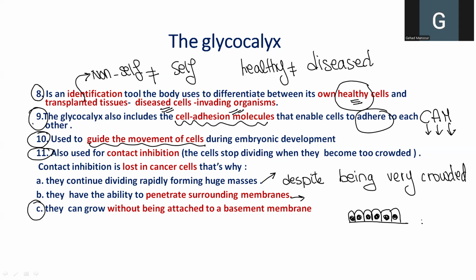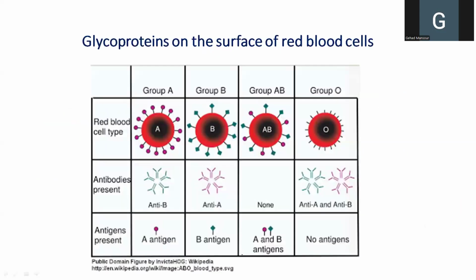And if they don't find this basement membrane, then they will stop dividing. But cancer cells do not, and therefore they can, for example, invade blood vessels and circulate in blood, or invade lymphatic vessels and circulate in lymph without having support from a basement membrane.